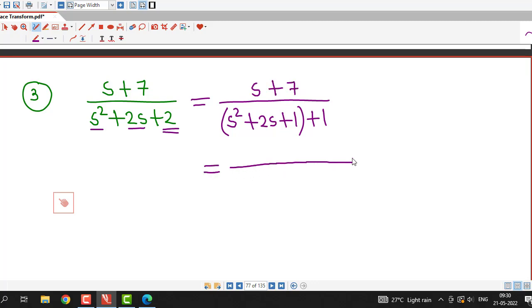Now because I am having square of s plus 1 here, I have to adjust s plus 1 in the numerator also. So for that I write 7 as 1 plus 6.